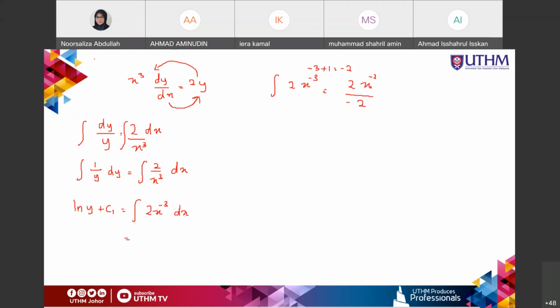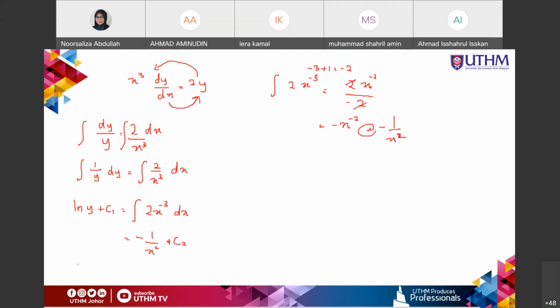Okay, so you integrate this one, you get, 2 dengan minus 2 you can cancel. Then minus x negatif 2 atau minus 1 over x kuasa 2. Right. Betul? So ini sama juga dengan minus 1 over x kuasa 2 plus c2.